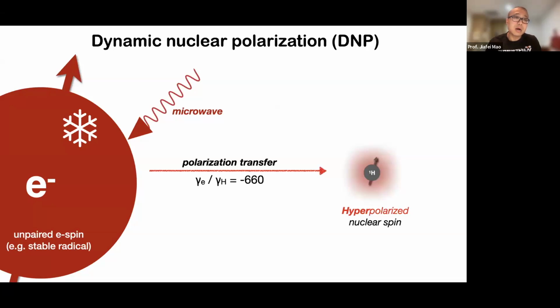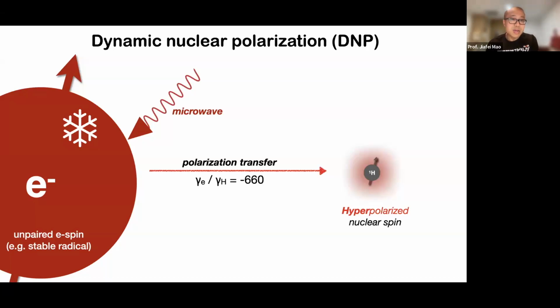So when you add an unpaired electron into your sample, now we have a technique called dynamic nuclear polarization. Basically, we use microwaves to saturate the electron spin, and then by multiple mechanisms, you can transfer the polarization from the unpaired electron spin to the nuclear spin.